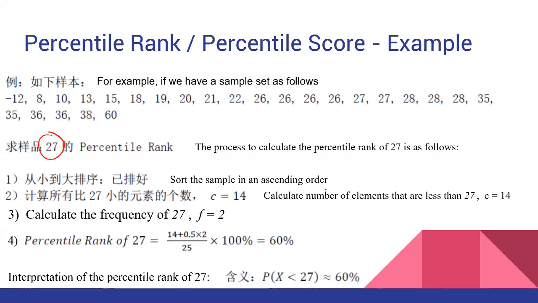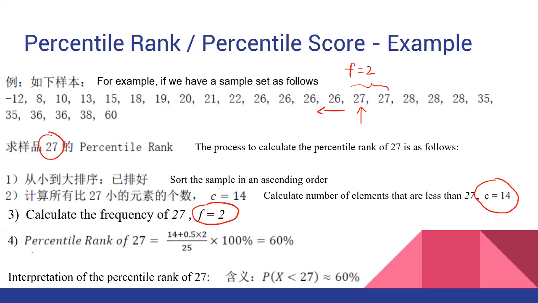Second, calculate the number of elements that are less than 27. 27 is here, and on the left-hand side there are 14 elements less than 27. So we denote C as 14. The third step is to calculate the frequency of 27. 27 appears twice, so the frequency F is 2.